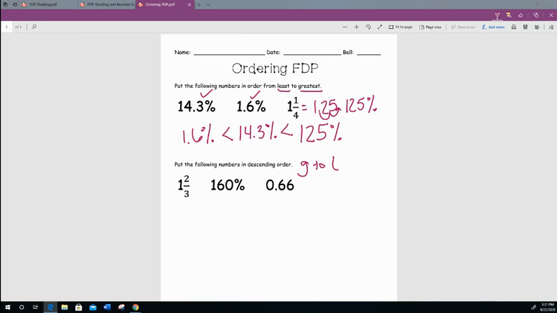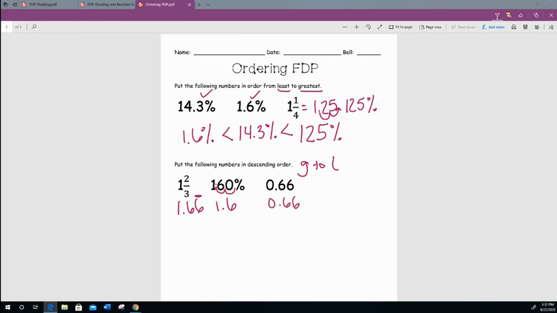This is a benchmark. 1/3 is 0.3333 going on and on, so 2/3 would be 0.666, and so on. So I'm going to put 1.66 and then a repeating bar over it. With this 160%, if we move that decimal 2 times to the left, we would end up with 1.6. And then 0.66 is just 0.66, so I'll put that there.